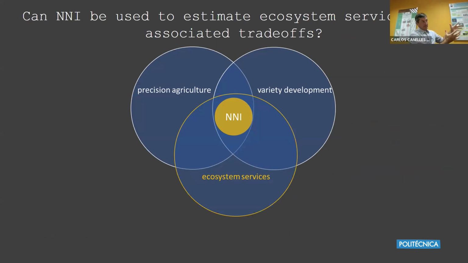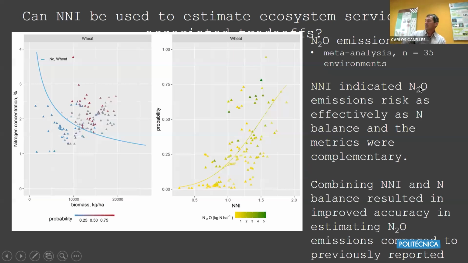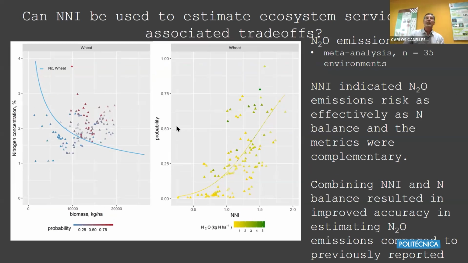While we've been doing the work that I'm going to show you here, we've also been deploying meta-analysis and asking the question: to what extent can we use the same metric to quantify ecosystem services and associated trade-offs? We did that in two forms. We tapped into some of that bigger meta-analysis data that we have. We asked, to what extent does NNI serve as a good predictor of nitrous oxide emissions?